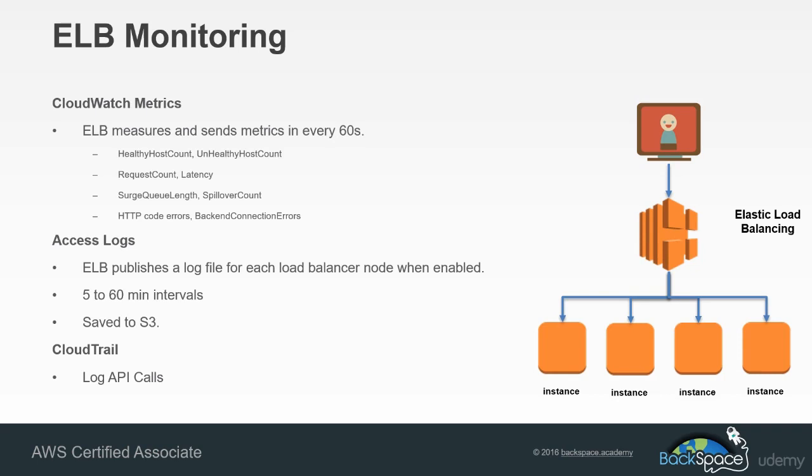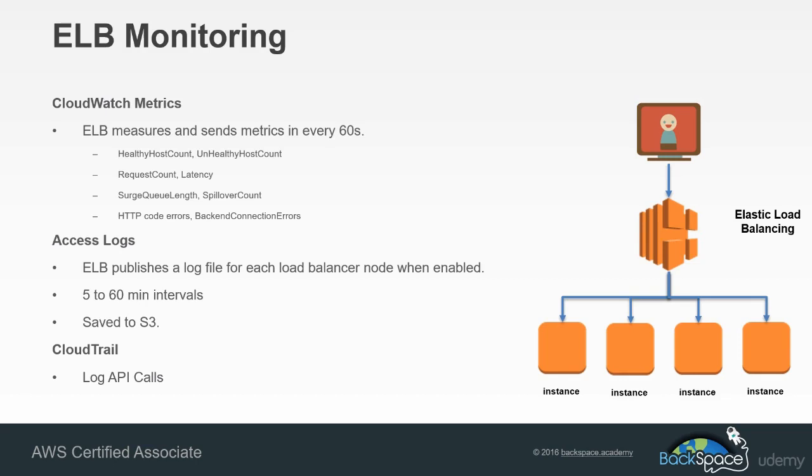So those are the CloudWatch metrics that are available for us to graph or do whatever we want with. We also have access logs. ELB publishes a log file for each load balancer node when it's enabled. That can be at anywhere from 5 to 60 minute intervals, and they are saved to Amazon S3.